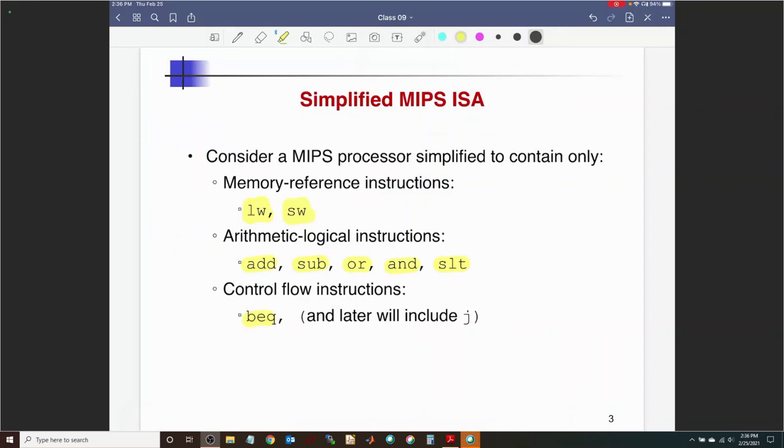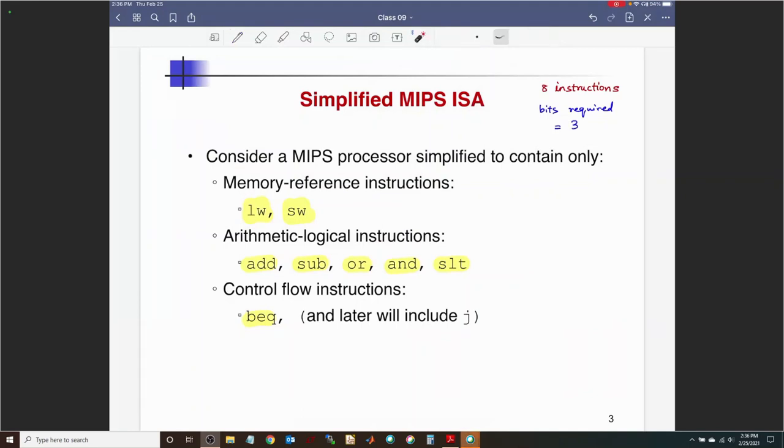We are going to include J later. So right now in the simplified set, I'm looking at 8 instructions. So how many bits am I going to need to identify between these 8 instructions? 3, right?